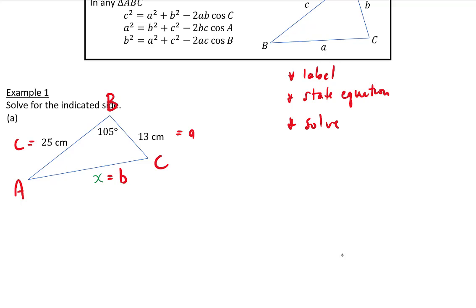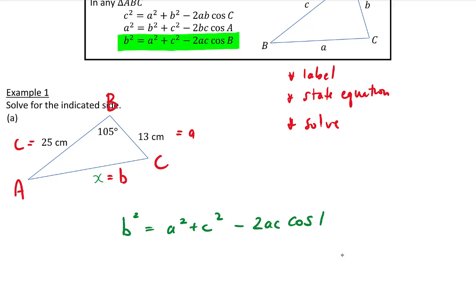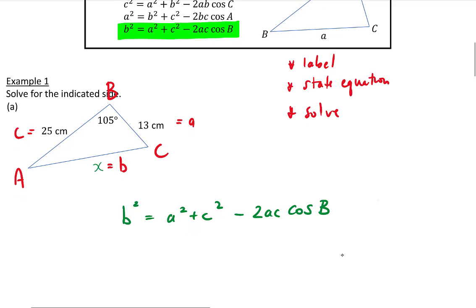So since we only have one angle and it's angle B, we need to start with this formula here. So again, b squared equals a squared plus c squared, almost looks like Pythagorean's theorem, minus 2ac cosine of angle B. And we choose this one because we have angle B, and that's the only formula that has angle B in it of those three.